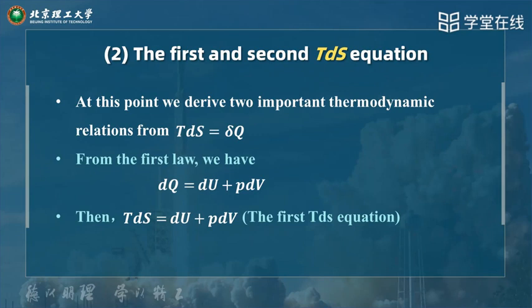If we use TdS to express delta Q, we obtain another equation: TdS equals dU plus PdV. This equation we can call the first TdS equation.